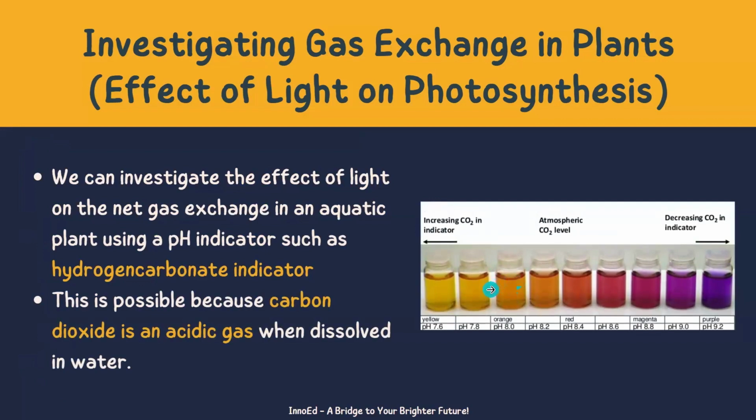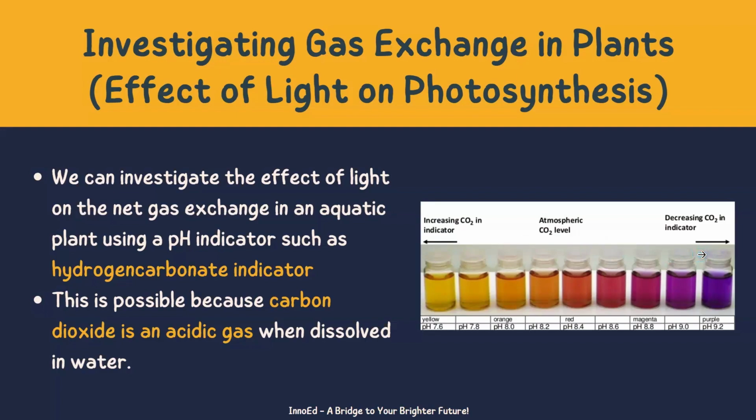So this is the hydrogen carbonate indicator that I mentioned earlier. It is actually a pH indicator. When it changes to yellow, it means there is an acidic pH. Since carbon dioxide is an acidic gas, an increase in carbon dioxide will give a lower pH, so the indicator will change into yellow.